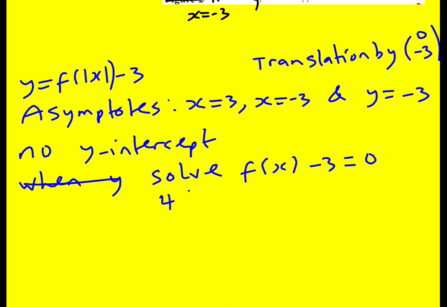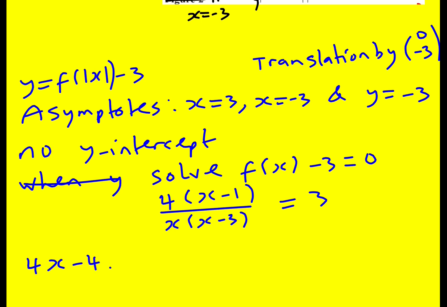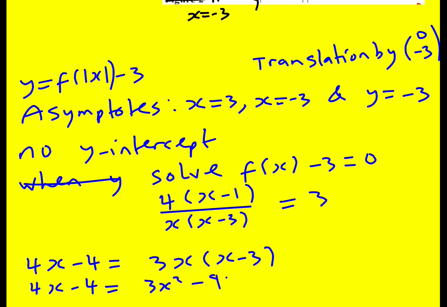Therefore, it's going to be 4x minus 1 over x minus 3. That's our f of x. That's going to equal 3. And therefore, 4x minus 4 is going to equal 3x times x minus 3, or 3x squared minus 9x.